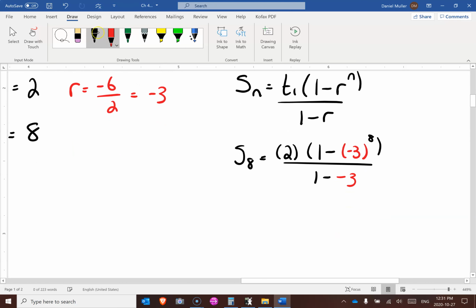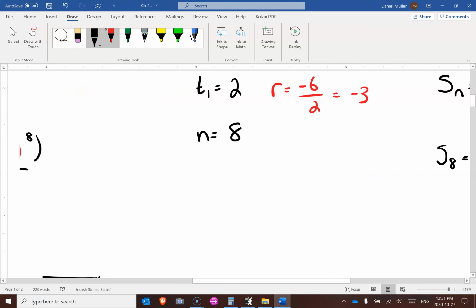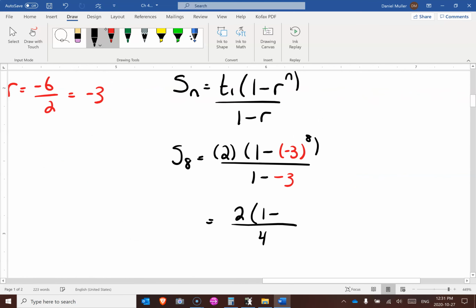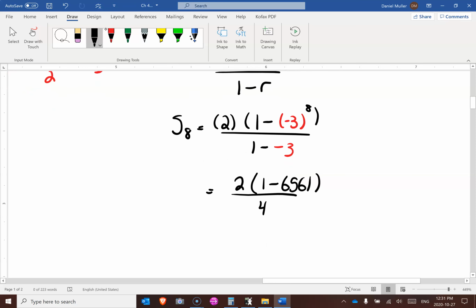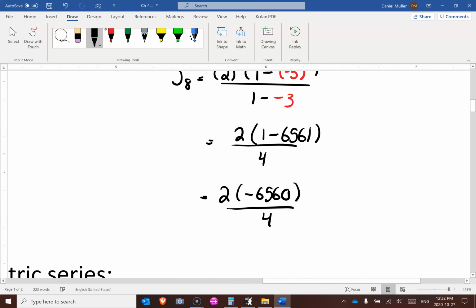So on the denominator there, we're going to have 1 minus -3, which is 4, and there's a 2, and then 1 minus, and then -3 to the 8. Now, I already did that. That was 6561. So I've got 2 and then -6560. So again, the same thing. Those can be simplified.